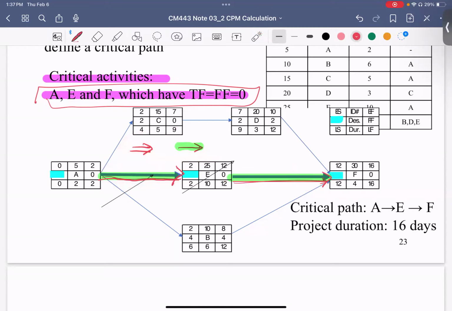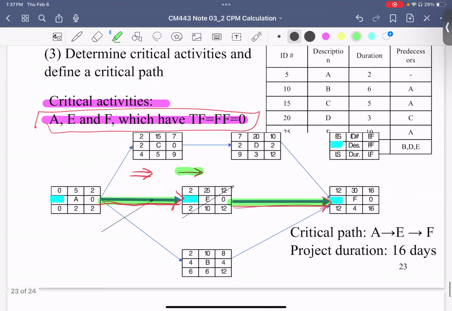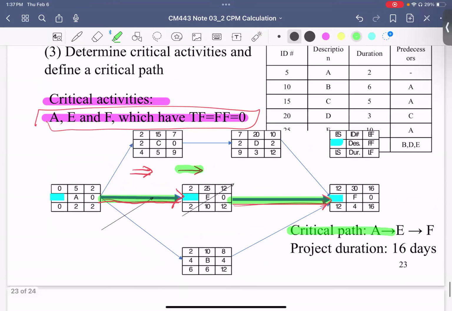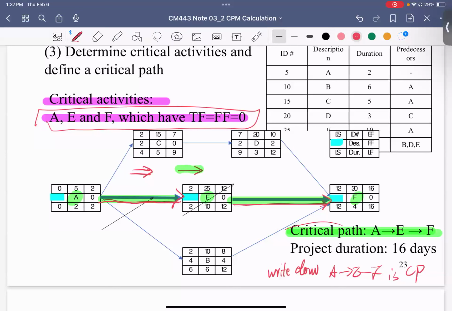Also make sure when you're doing your quiz or assignments, you will have a statement: critical path is A, E, and F. Write it down: A to E to F is CP, critical path.